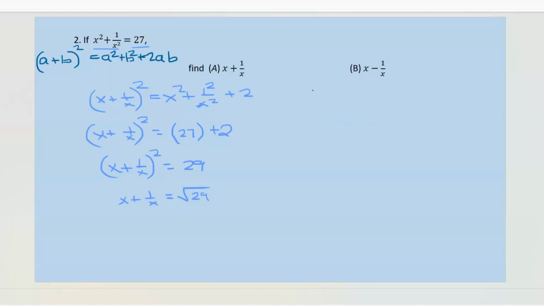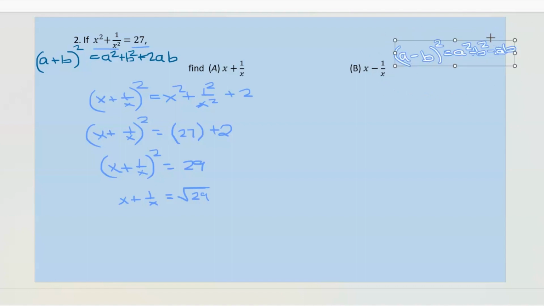So for this one, instead of doing (a plus b) whole square, we're going to be doing a minus, not plus, I wrote plus. (a minus b) whole square equals a squared plus b squared minus 2ab.